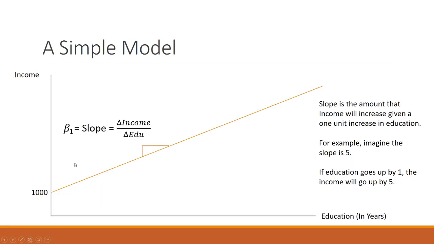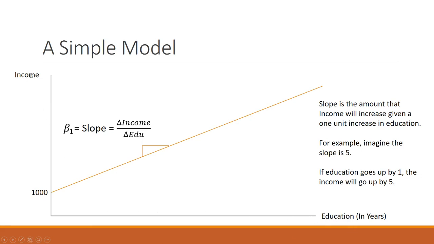Let's get an idea a little bit better of what this looks like. What we're saying is that income is a linear function of education. A linear function is just a straight line. So here we go. We've got a graph, and we've got income on the y-axis and education on the x-axis.